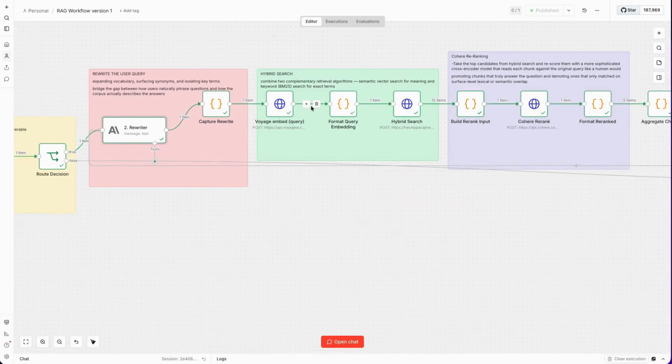The keyword search is looking for specific keywords, like in this case Apex runner, price, and things like that. That's why we call it a hybrid search. It's a combination of two, and then we use reciprocal rank fusion, RRF, I believe that's what it's called, to fuse the two search results together to give us a combined result. So that's what this whole block does.